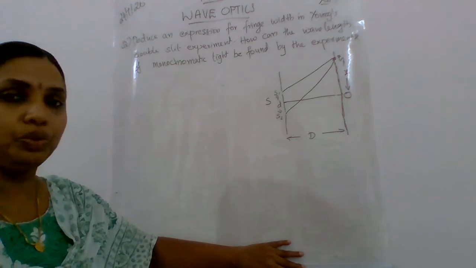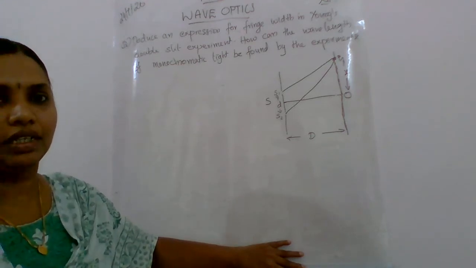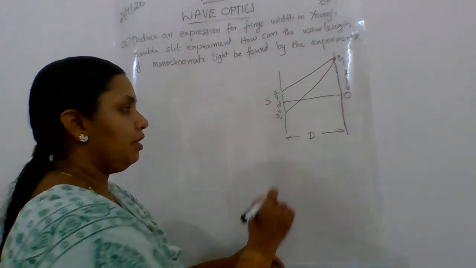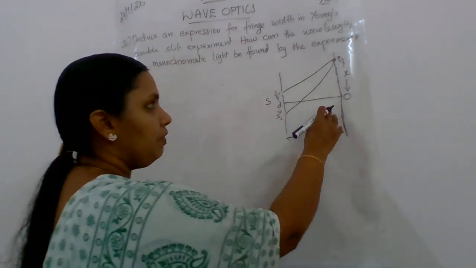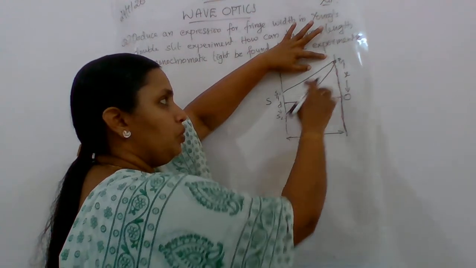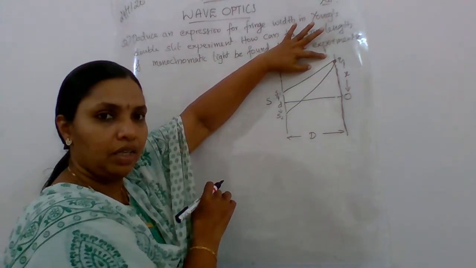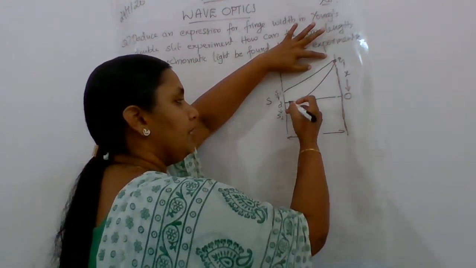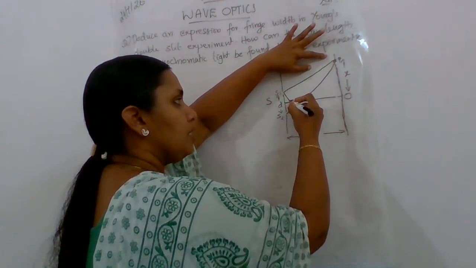That is S2P. So it is very clear that the wavelets from S1 are reaching P, and from S2 also the wavelets are reaching P. So there is a path difference between those two waves.